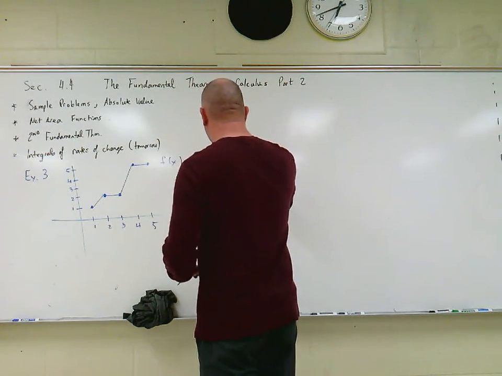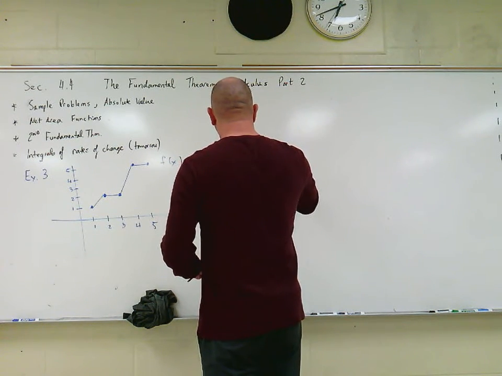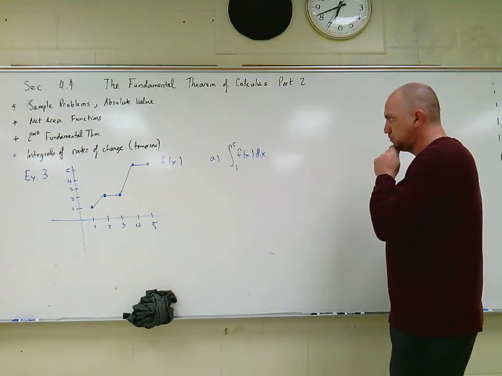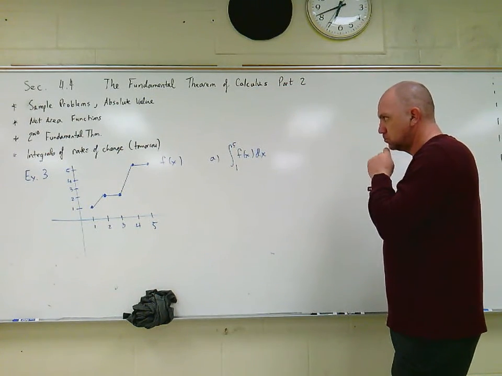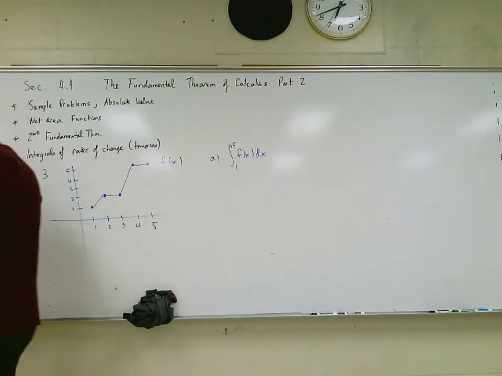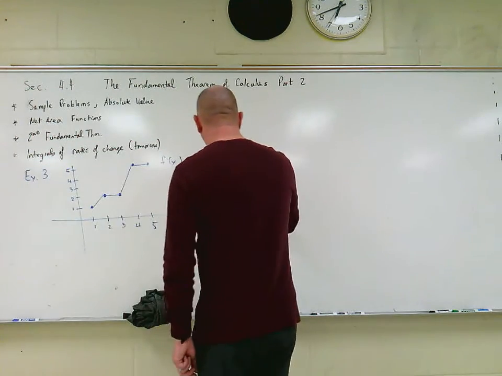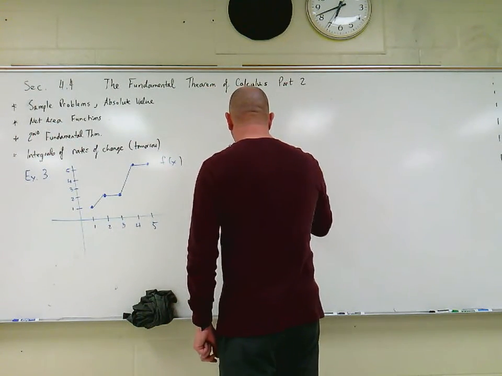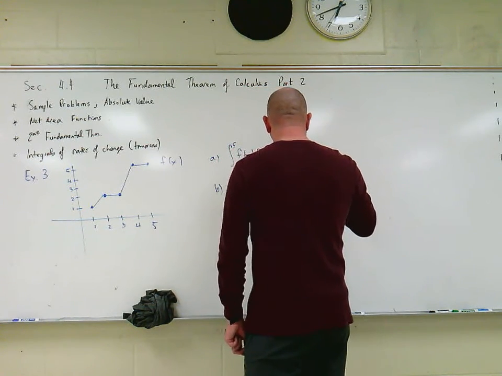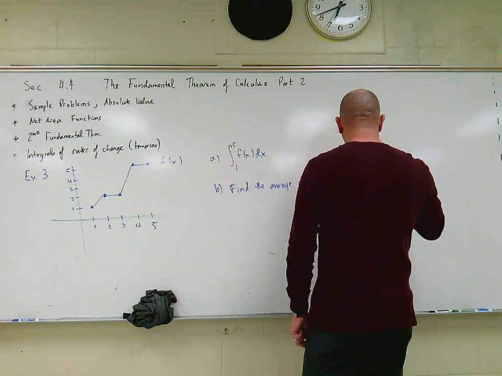All right, part A. Find the integral from 1 to 5 of f of x dx. Part B. Find the average value of f of x from x is 1 to x is 5.